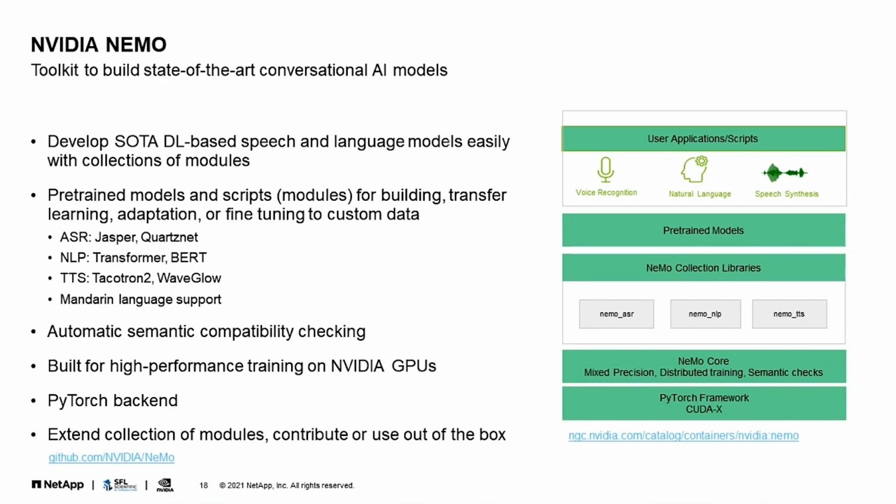Another important feature of NeMo is that it composes complex neural network architectures using reusable components. In doing so, a semantic compatibility check is done automatically between these components using what are called neural types. Of course, NeMo is optimized for GPU and makes use of mixed precision tensor cores, and it can scale training to multi-GPU systems and multi-node clusters.